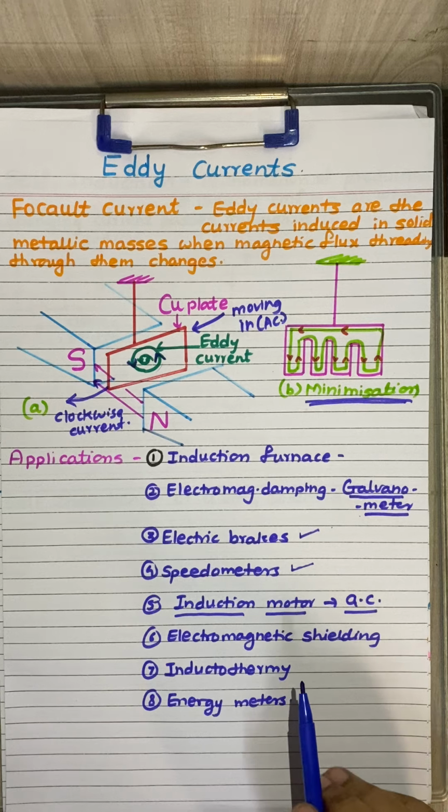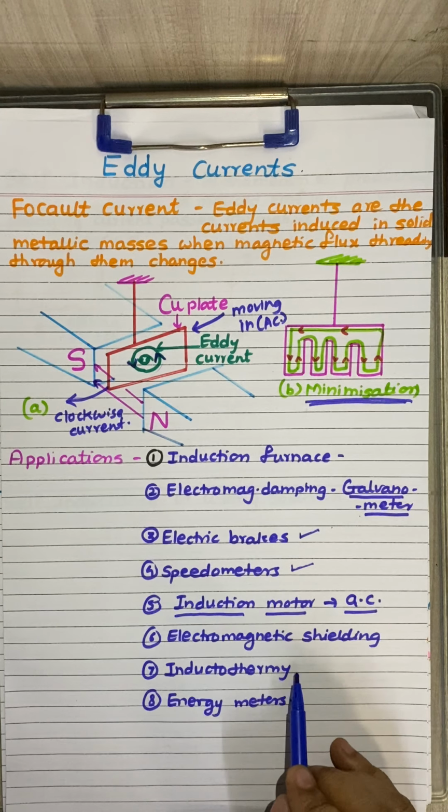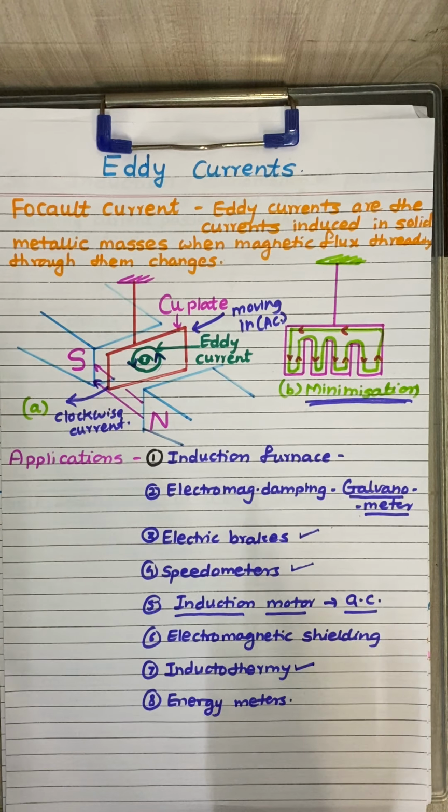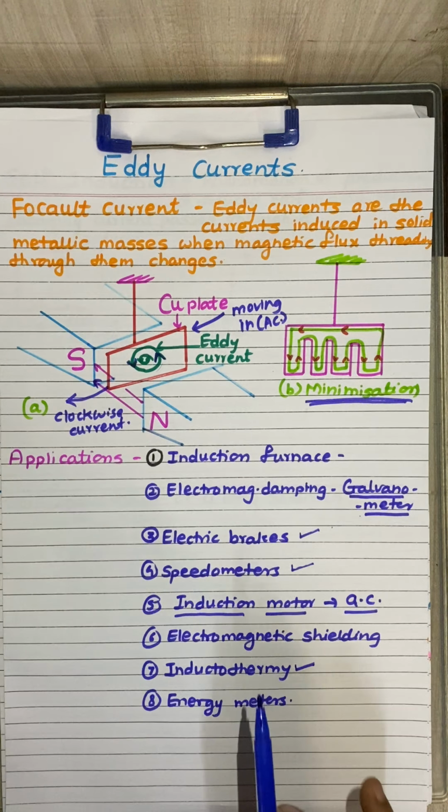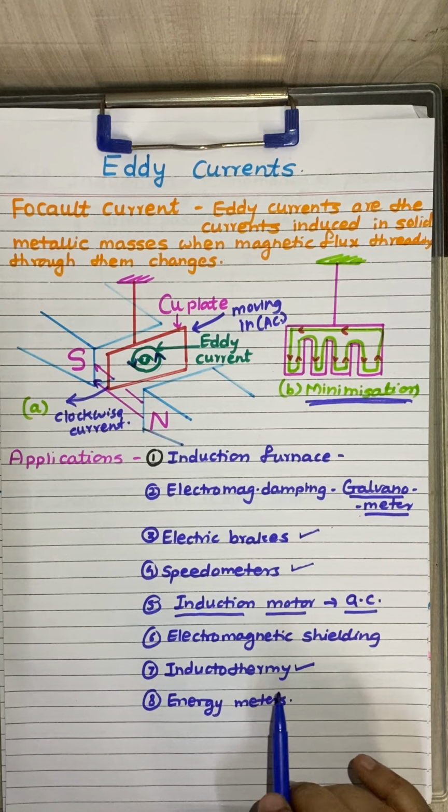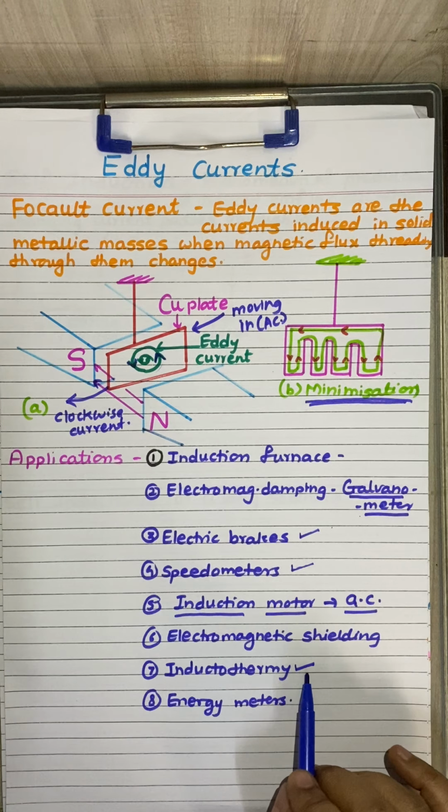Now the next one is inductothermy. This is another application. Eddy currents are also used to heat localized tissues of the human body. This branch is called inductothermy. So eddy currents also have applications in the medical field.